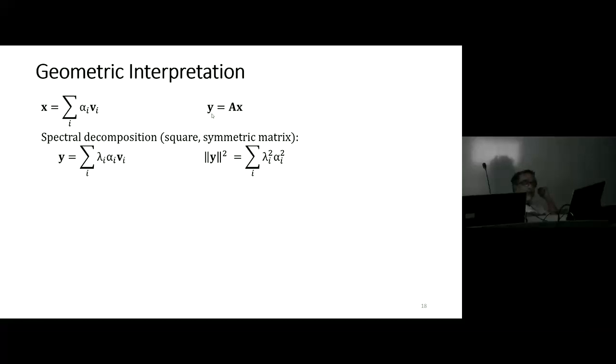So Y is another vector. Then alpha i's are the coefficients of vi's. So when we do this multiplication, the coefficients of y would be lambda i alpha i. And the norm squared of y would be the summation of lambda i squared alpha i squared. The norm of x would be the summation of alpha i squared only.